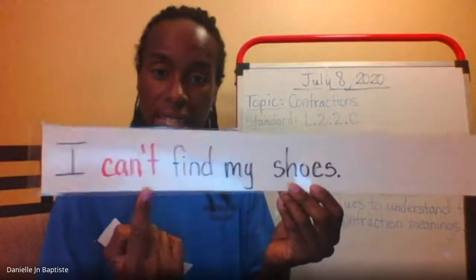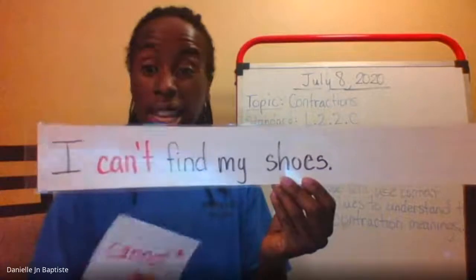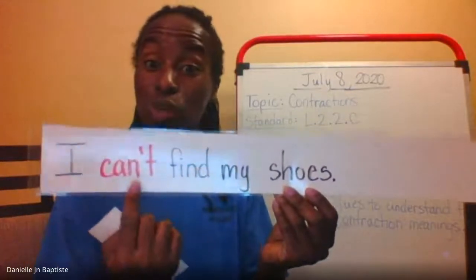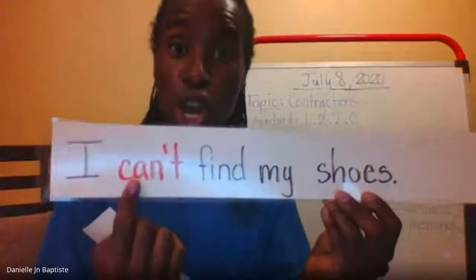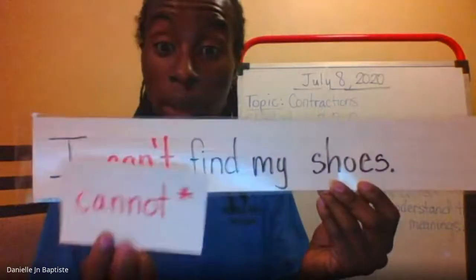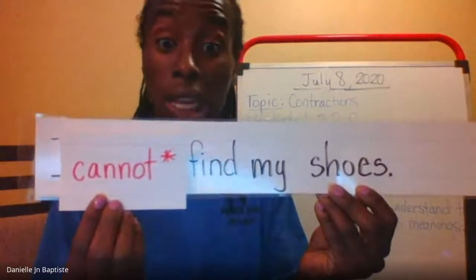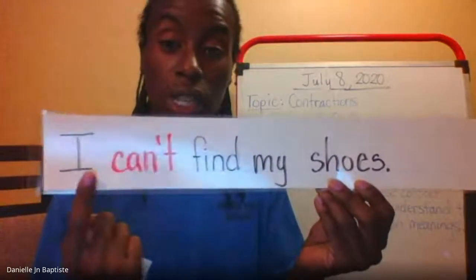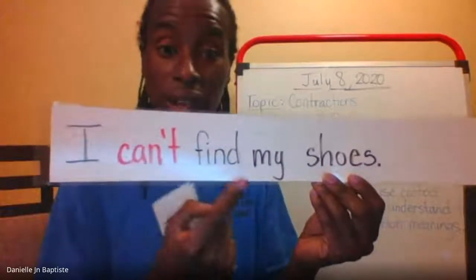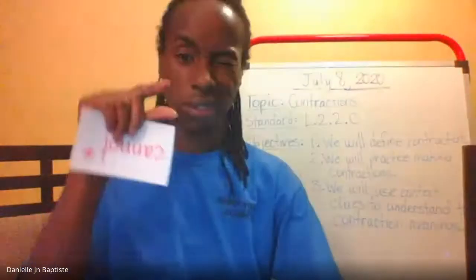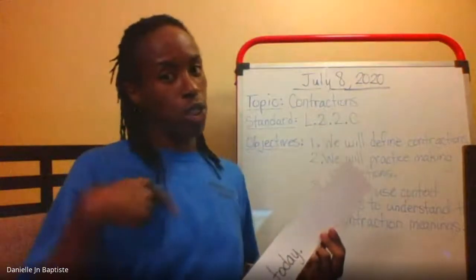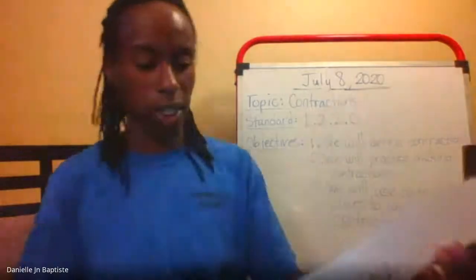I can't find my shoes. We don't say I cannot. That's what it means, but we read it as it is written. I'll say it again. Read it like it is written. If it's written this way with cannot in there, then you say, I cannot find my shoes. If it's written as a contraction, then you say, I can't find my shoes. Just a quick little tip for you. Tidbit. From one first grade teacher to a summer school superstar.